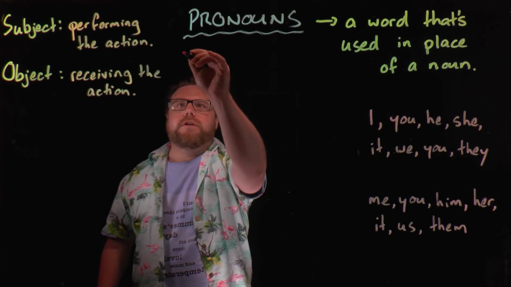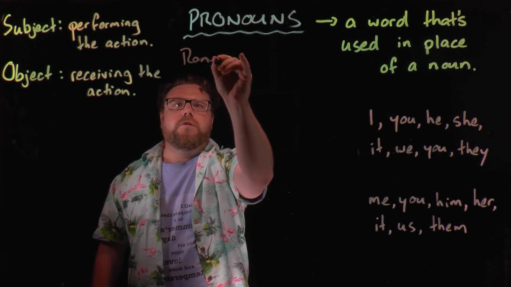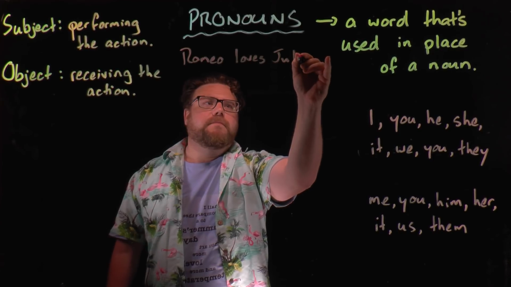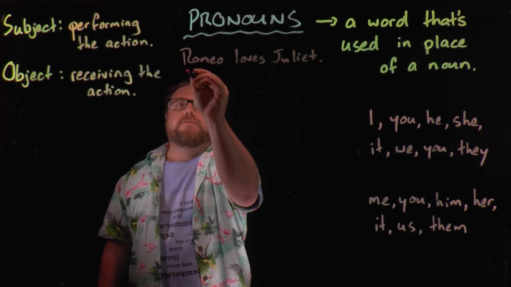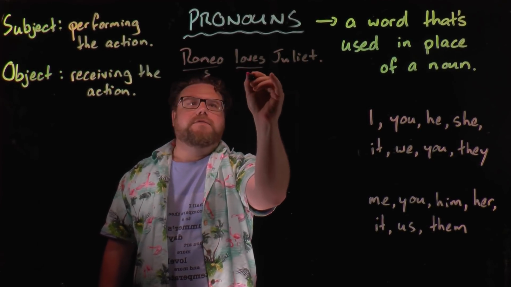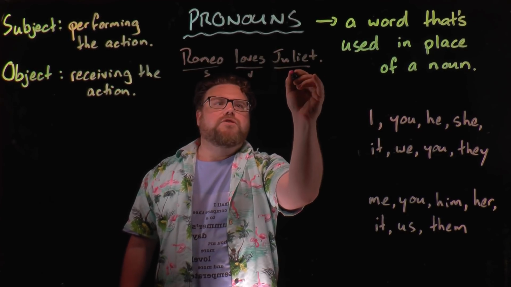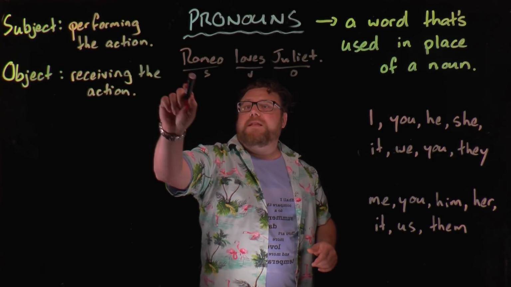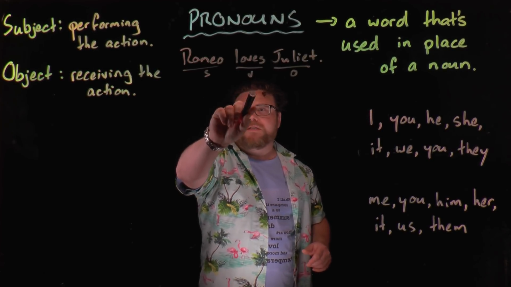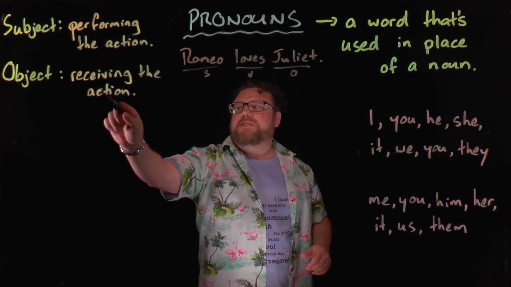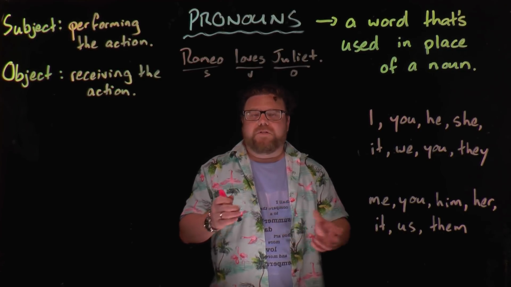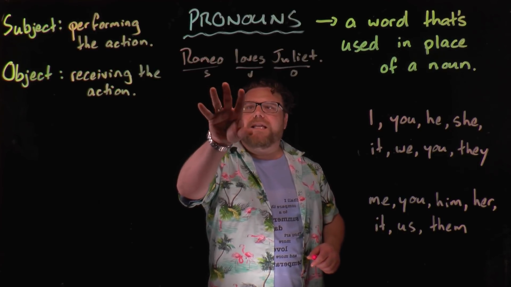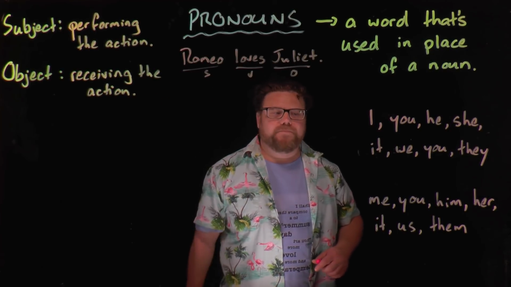To remind you of an example we've used before, Romeo loves Juliet. Then in this sentence, Romeo is the subject, loves is the verb, and Juliet is the object. So Romeo is performing the action of loving, and Juliet is receiving the action. And if we flip it around, we would have Juliet is being loved by Romeo.